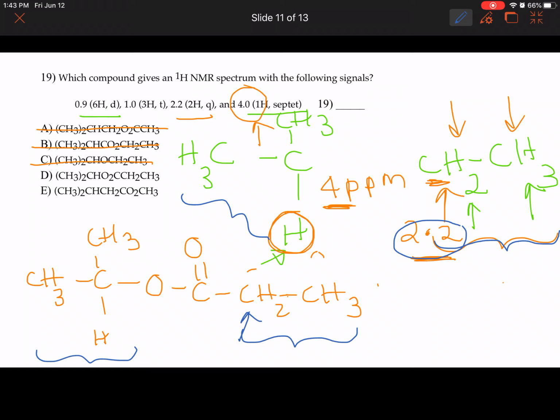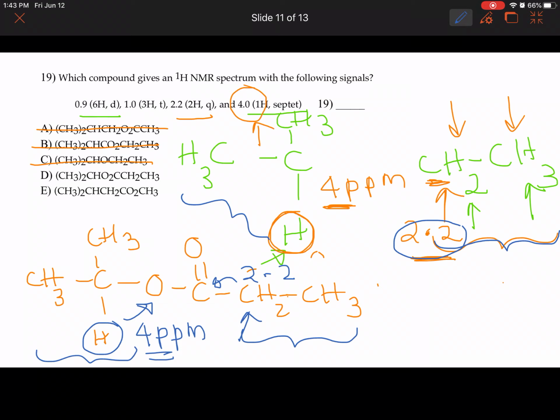What about the chemical shift? So this one is given to us as 2.2. And I mean the hydrogen chemical shift, okay? This hydrogen is given as 4 ppm, which makes sense because this hydrogen is closer to oxygen, and this is given as 2.2 because now this is closer to a carbon.